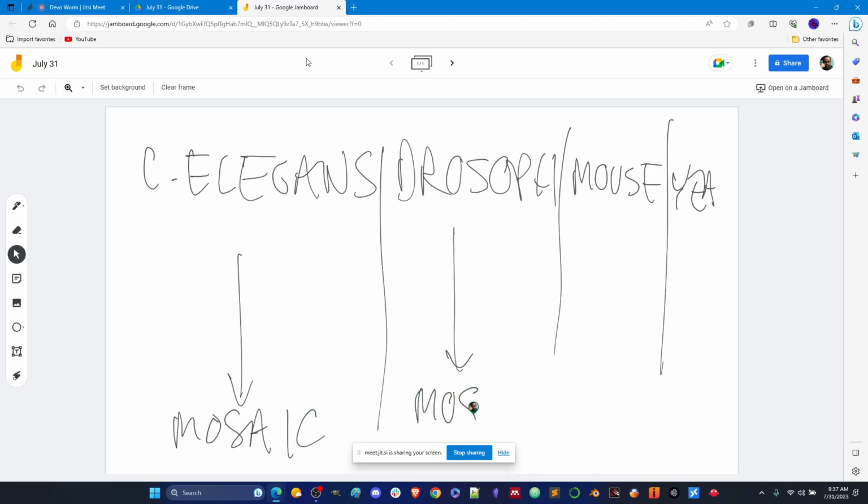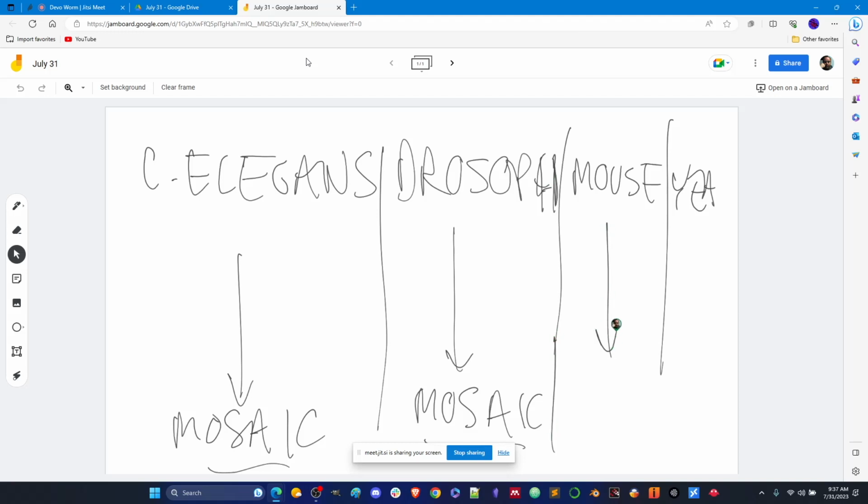So we can say if some things that are involved in differentiation are being produced and some are not, then that's just mosaic development, and that's site dependent. If we see a similar pattern in Drosophila, but maybe not the same proteins, then we can also say that's another example of mosaic development.